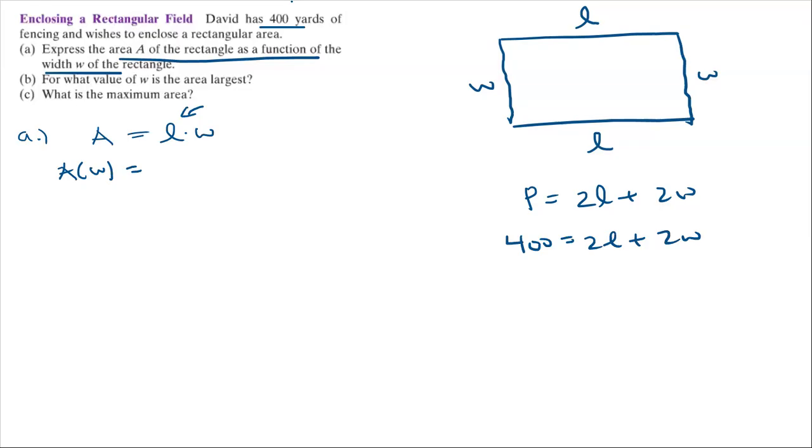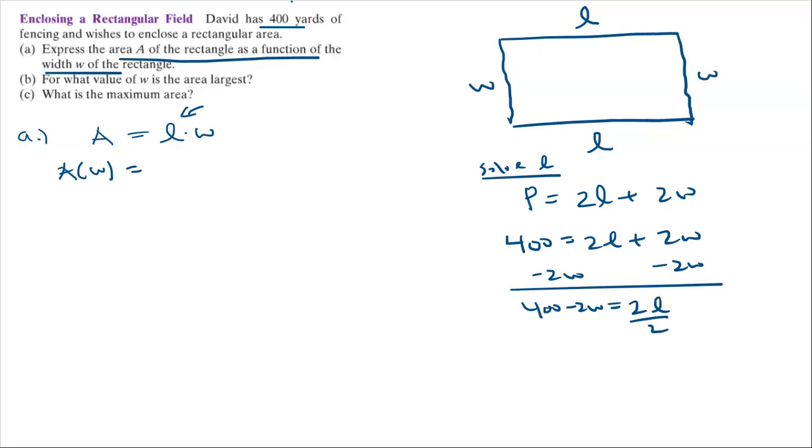So we solve here for L. We subtract 2W on both sides, so we get 400 minus 2W equals 2L.